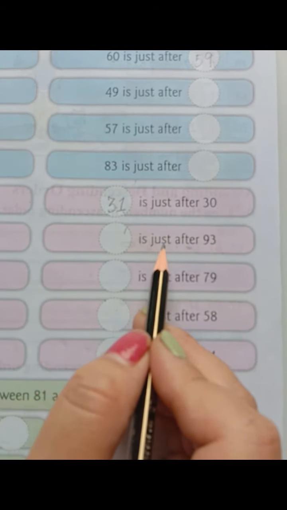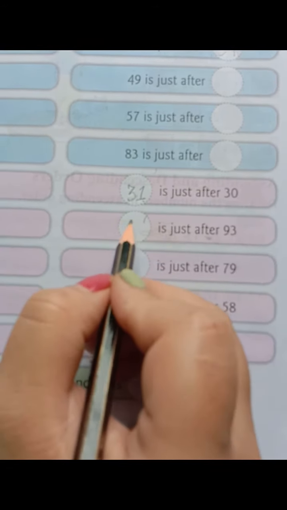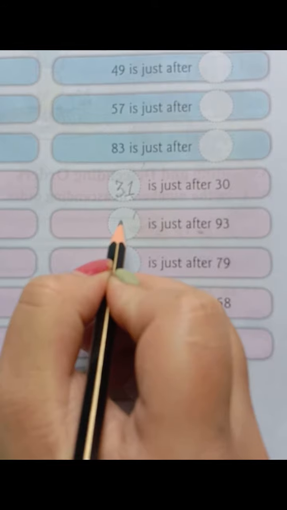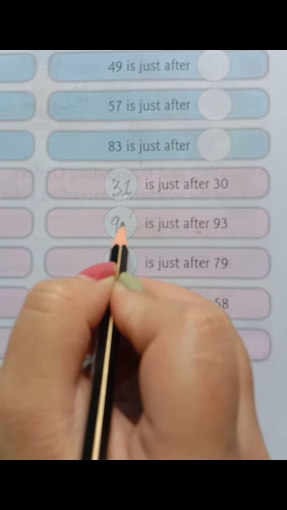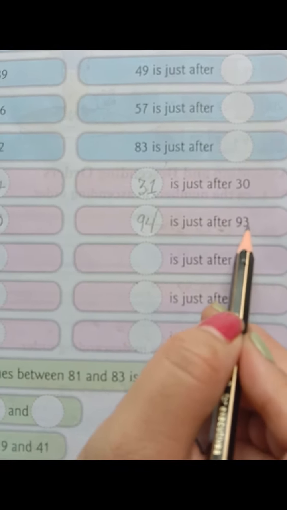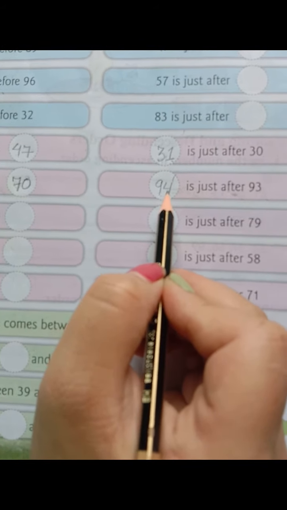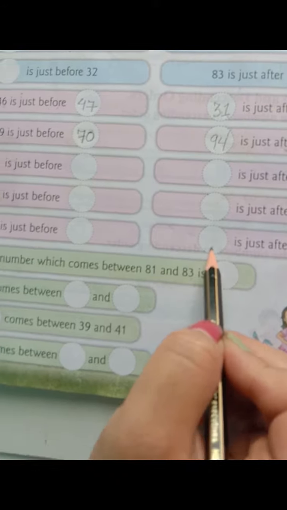Dash is just after 93: 94. Okay, 94 is just after 93. That means 94 is your after number. Okay, so you have to do the rest by yourself.